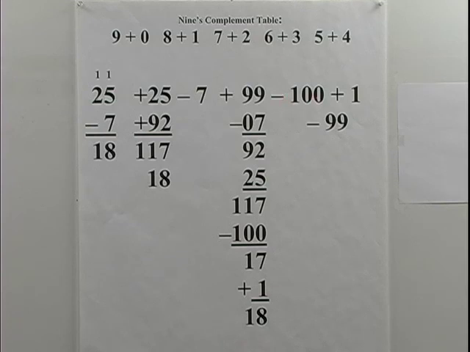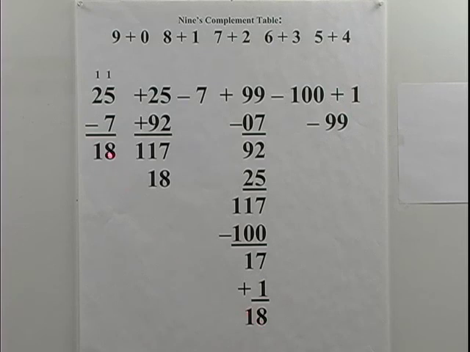It'll always be a 1, as we'll see. Then I'm going to subtract this minus 100. When I do that, I get 0 from 7 is 7, 0 from 1 is 1, minus 1, 1 minus 1 is 0, so I get 17. Then I'm going to add this 1, plus 1, and I get 18.